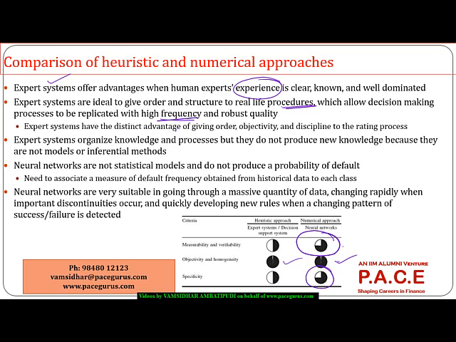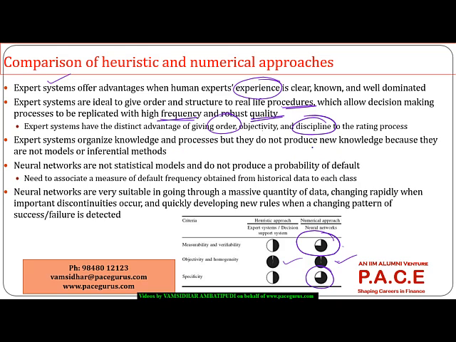The same process is being continued again and again. So there is a high frequency in which that particular process occurs, and I want more and more quality in the output. So they have the advantage of giving order, objectivity and discipline to the rating process.